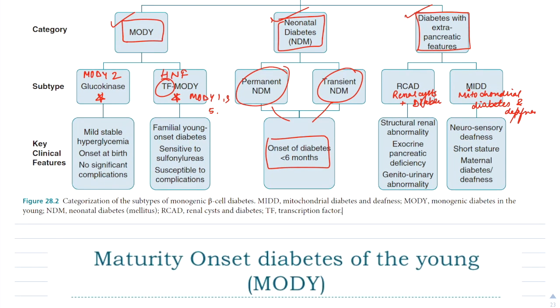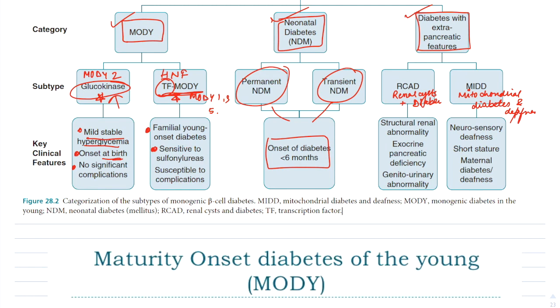Just discussing a little detail about glucokinase MODY. Glucokinase MODY usually has mild stable hyperglycemia. It has an onset at birth itself, and there are no significant complications associated with glucokinase MODY. While transcription factor MODY usually has familial young onset diabetes.